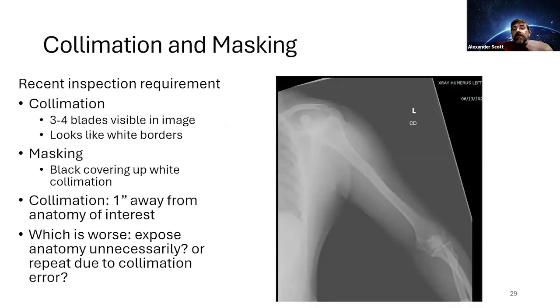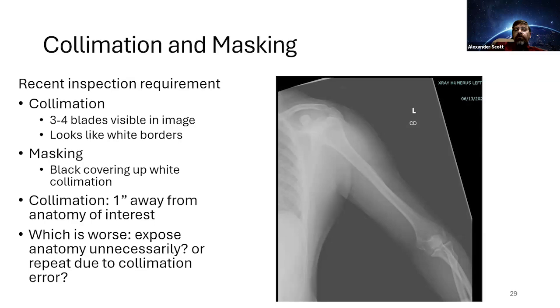Recently, or somewhat recently in my career, we were hit by an inspector about collimation. So the requirement was that the blades are visible in the image. So if you look at this image, there's the shoulder, the humerus, the body anatomy. There's the black triangles, and that's the masking.